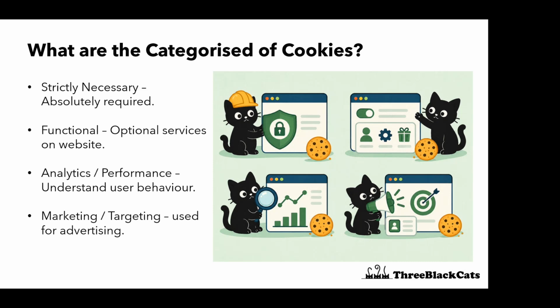We then have analytics and performance cookies. Sometimes they are called analytics cookies, sometimes called performance. They are the same group of cookies, just depends on which regulator you're looking at particularly. This is a group of cookies, quite often, that don't have a huge amount of personal information involved in them, that are used to understand user behavior.